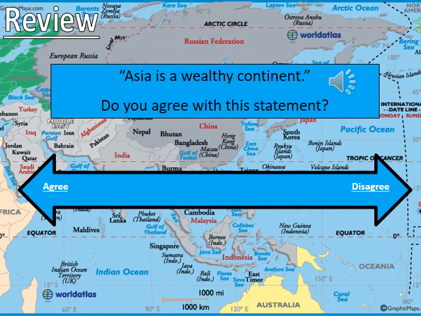If you really strongly think that Asia is a wealthy continent, put it over to the left by the agree and scales in between. It'll be interesting when we finish looking at the project and we've added things like cultural capital, nature, environment, all of those other things into the mix, whether or not you still think overall Asia is a wealthy continent.